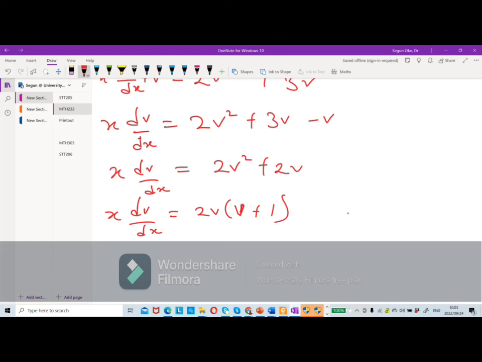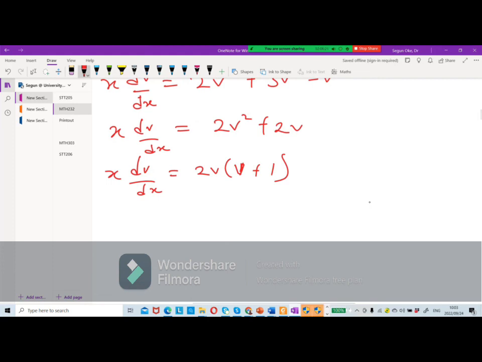I need to do the separable variable now in this case. How do I do the separable variable? You have to divide both sides by what? By 2v into v plus 1.